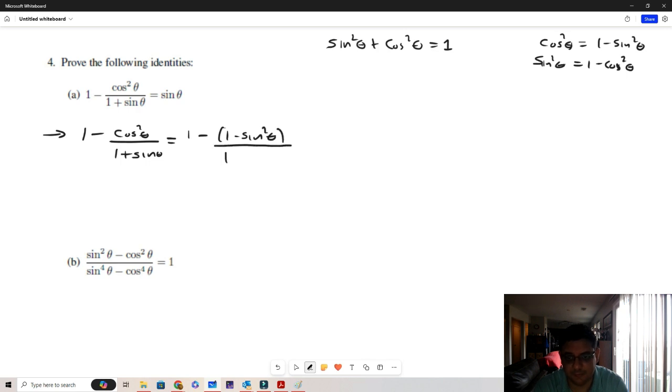And then here we're going to use a difference of squares. So if you remember, the difference of squares is a squared minus b squared equals a minus b, a plus b. And so here this will be 1 minus sine, 1 plus sine.